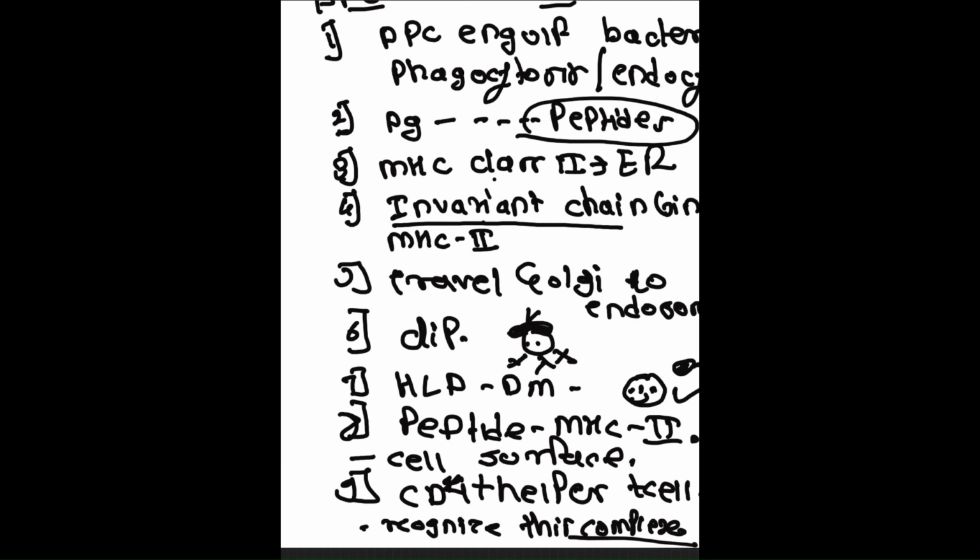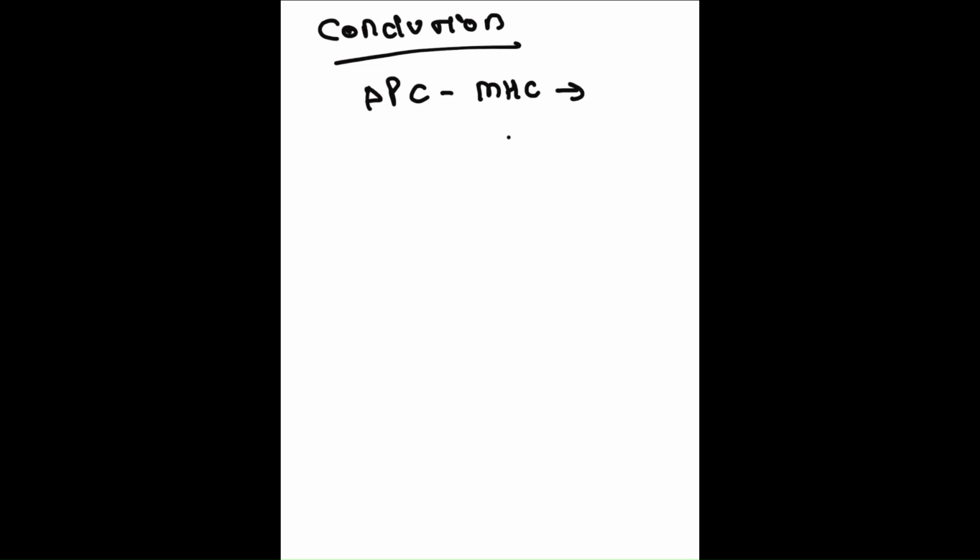So I hope you understand in detail about MHC class 1 and MHC class 2. What was the conclusion of this video? The most important is that the APC, antigen presenting cell, contains two classes, MHC1 and MHC2, which present the antigen on the surface of the cell for the T cells to determine the response.